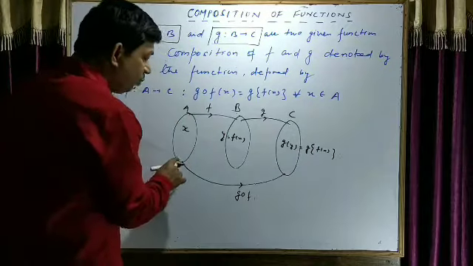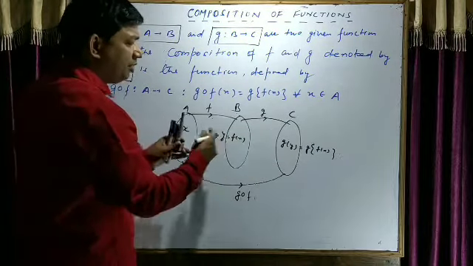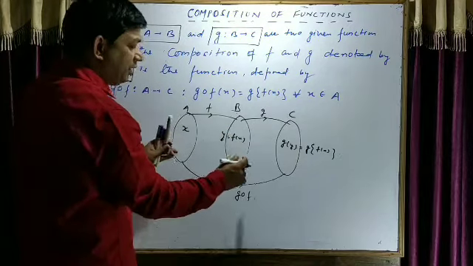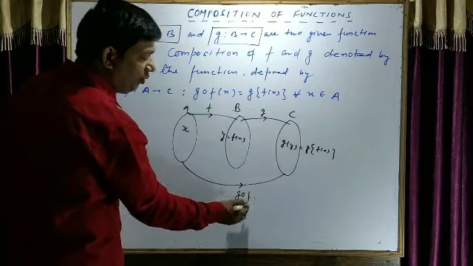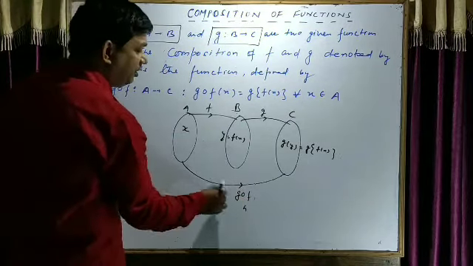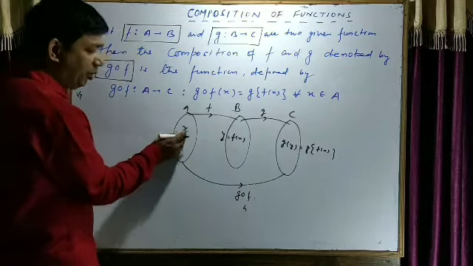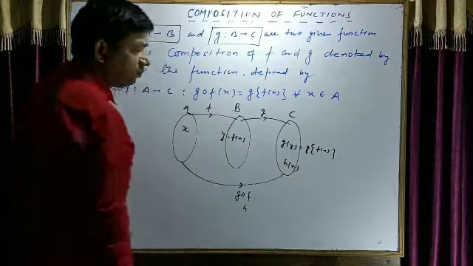Now one function is from A to C. Don't take it as a composition. Just see a function which is from A to C, denoted by GOF. Suppose in place of GOF I write h, meaning h is a function from A to C and x belongs to this set, then this is called h of x.